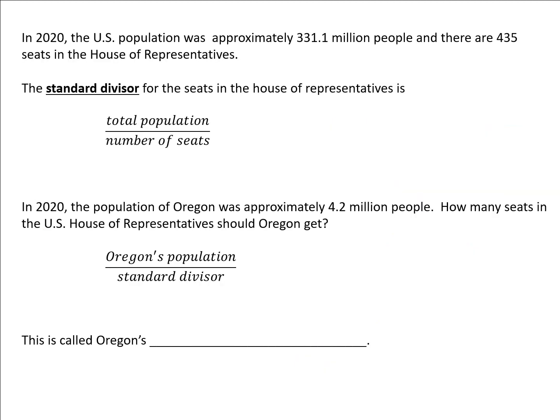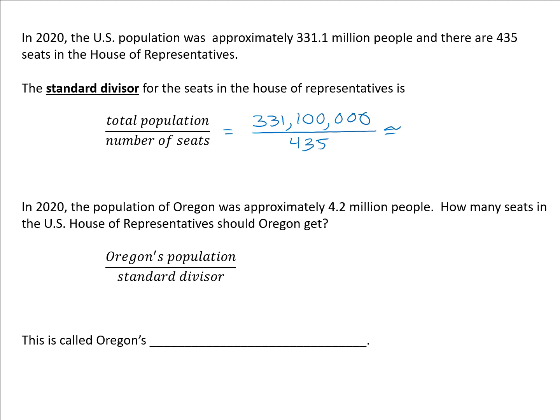In 2020, the U.S. population was approximately 331.1 million people, and there were 435 seats in the House of Representatives. The standard divisor for the seats in the House of Representatives, therefore, was calculated as the total population divided by the number of seats. So that would be 331.1 million, and I'll just put out the zeros there so you can see them if I were putting this in the calculator, and then dividing that by 435.